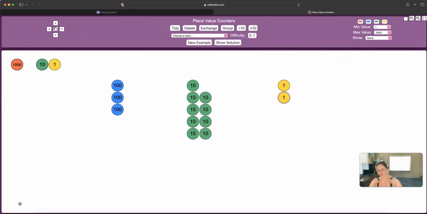Well, in the standard algorithm, we have the top number and the bottom number. And whenever we set this number up, it's important that we have the place values lined up. So we have the ones, the tens, and the 100s, there's nothing. So if it makes it easier, you can put a 0 in front of it, like so.